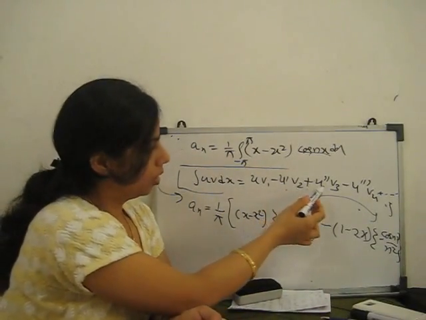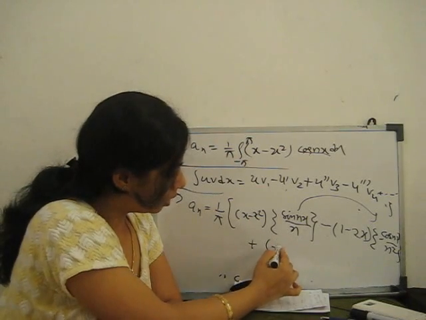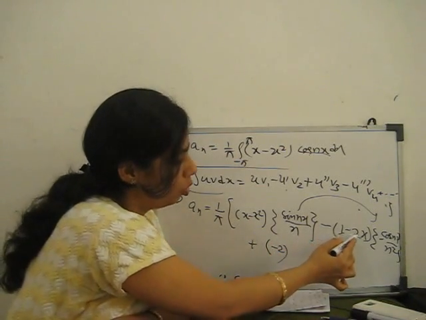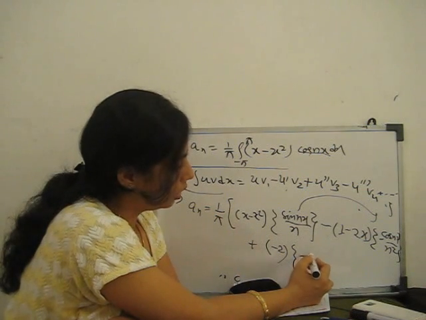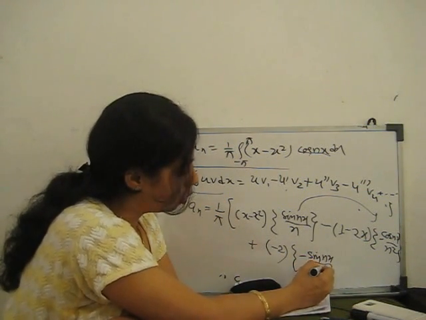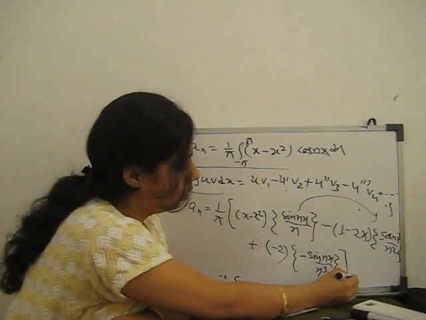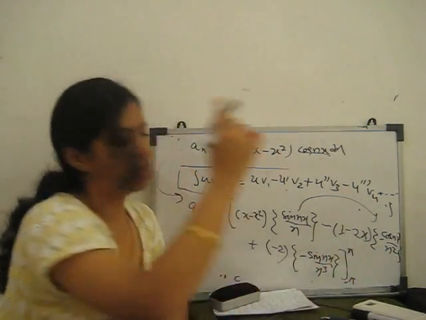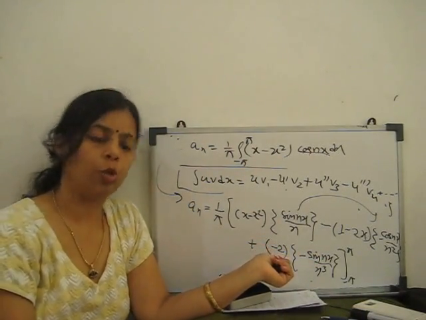Then again u'' is -2, since the 1 goes to 0 and -2x gives -2. And -cos nx gives -sin nx/n³. This is the end of our integration by parts, because the next term goes to 0.